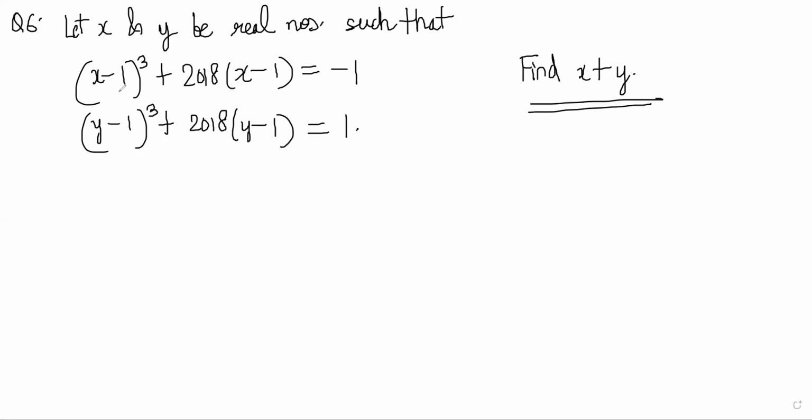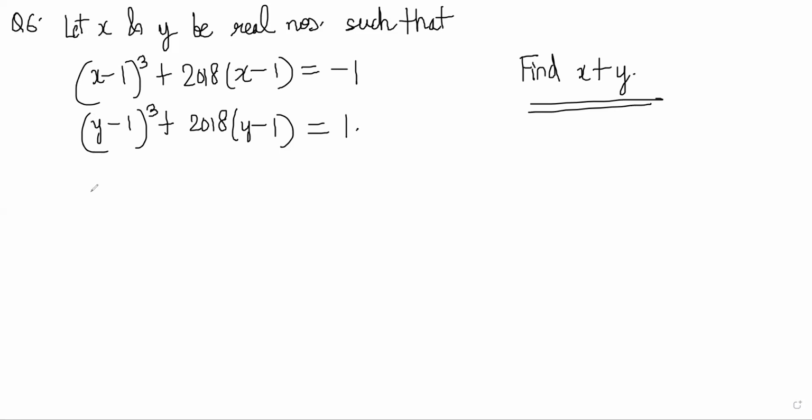Okay, so here again, this looks like a cubic. If you simply add them, it will become 0, but then you will be stuck. You will not be able to simplify it after that point. So you can try that algebraic manipulation, but what I would suggest is slightly different.